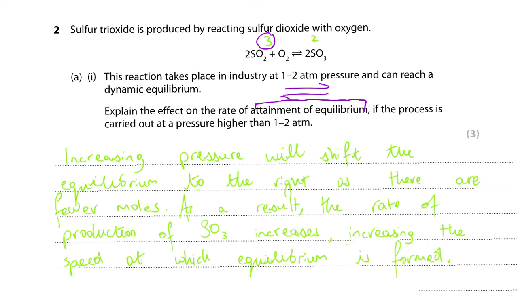So I've done my workings, 3 and 2, so I'm going to shift to the right, as there are fewer moles. As a result, my production of SO3 increases, and that also means that the speed at which equilibrium is formed will increase, because I'm going to make a lot of trioxide, so I'm going to be able to have a backwards and forwards reaction going quickly.